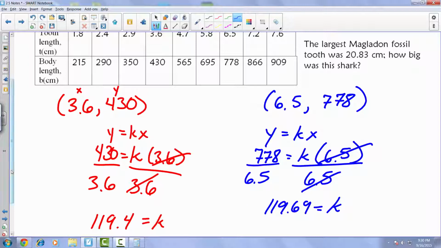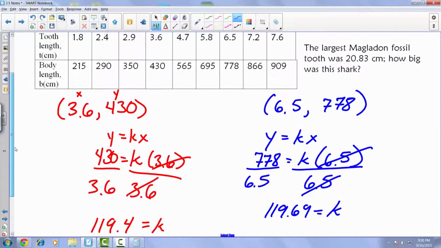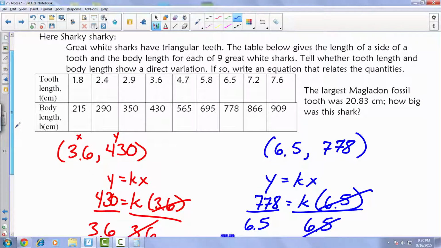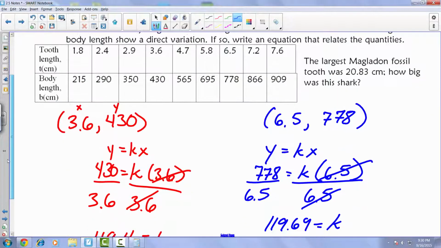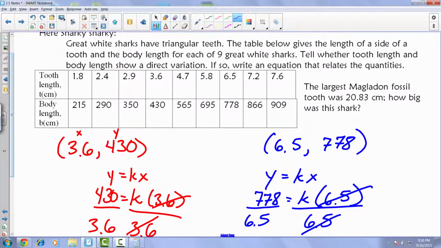We notice that our k's are not identical, but they're pretty darn close. When we're talking about actual real-life figures, that's not that bad. So as a result, tooth size does determine body length for a shark.